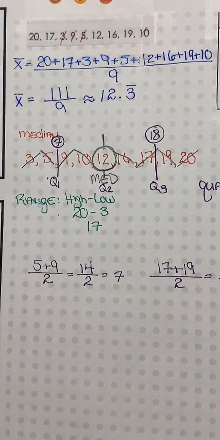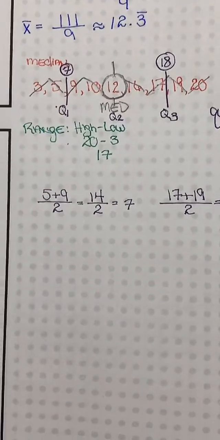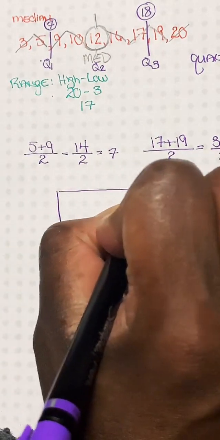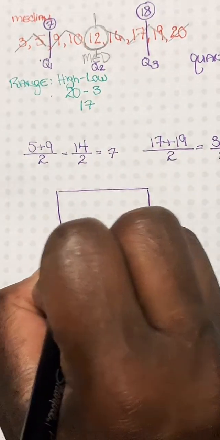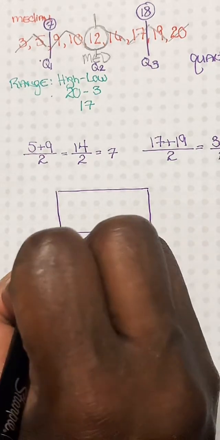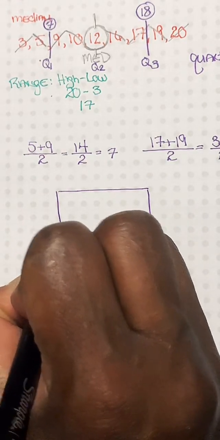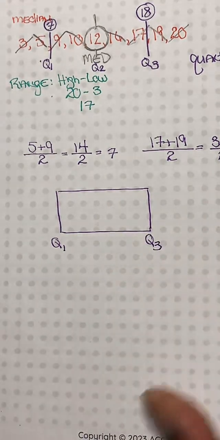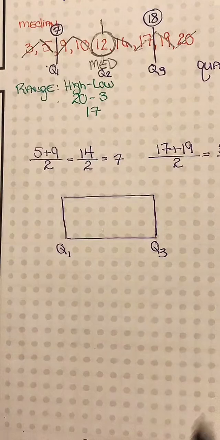The reason why is because if I draw my box, the ends of this box, this is my Q1, this is my Q3. My Q2 is going to be on here.